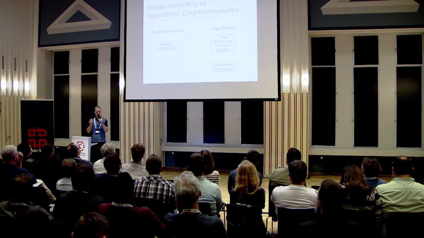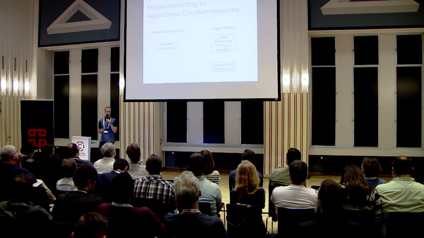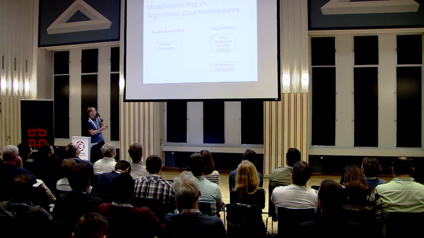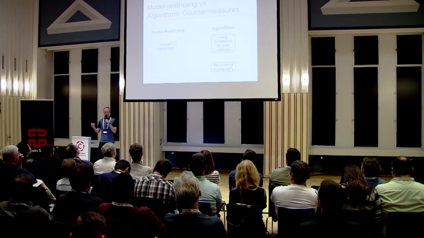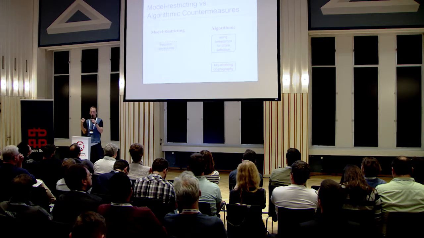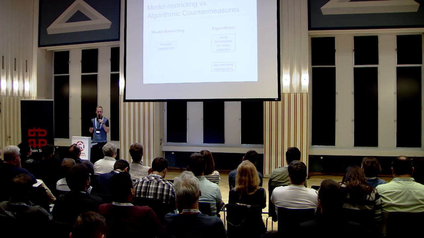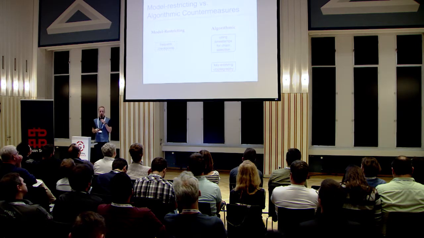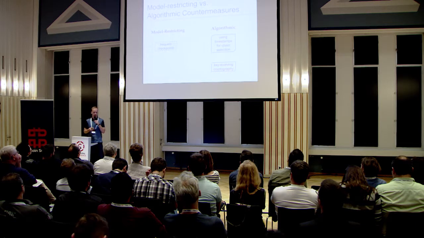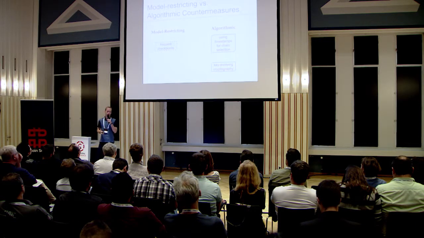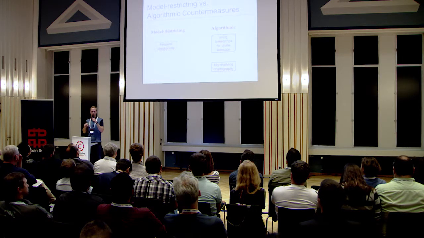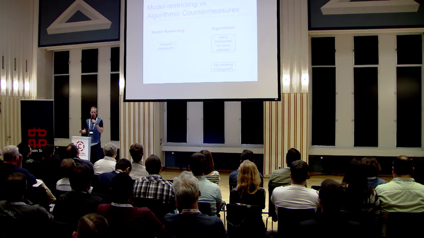So these are well-known countermeasures, and it's interesting to notice that they can be broadly partitioned into two groups. The first one we call model restricting. These are countermeasures like assuming checkpoints that in one way or another add an additional assumption into our security model or restrict the model in a particular way. So either we assume a secure provider of these checkpoints, and on the other side we have these algorithmic countermeasures that, when we apply them, simply modify the protocol in some way.